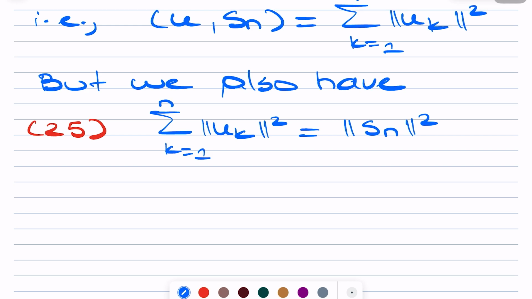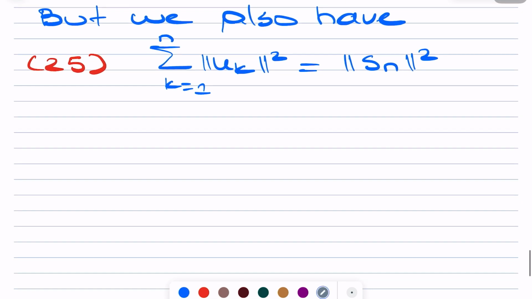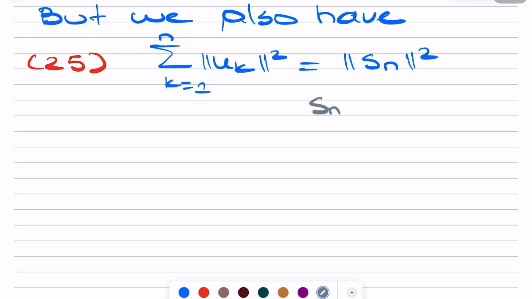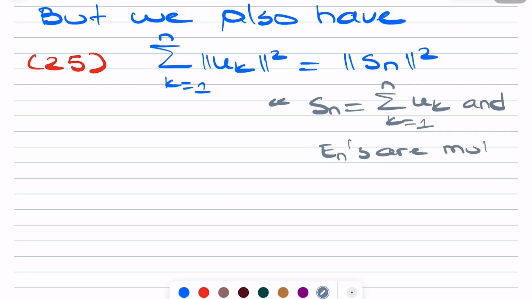This follows from the fact that, remember, Sn is the summation of the uk, k running from 1 to n, and the uk are mutually orthogonal.